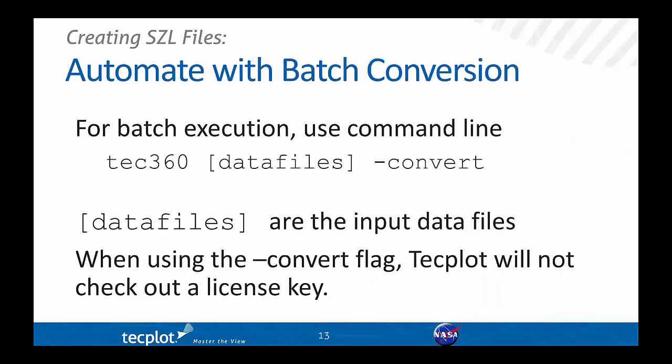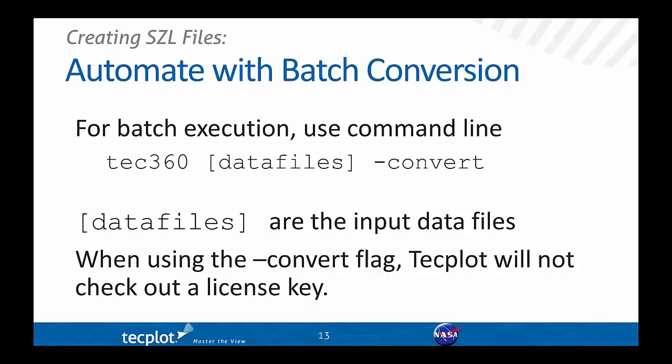That can be done in batch. For some types of data files, you can just say tec360, then the data file names, and -convert, and it will convert those data files into SZL. Some types you actually have to have a batch file, or a macro file, I should say. Some of the loaders are a little more complicated, but you can just record that and then automate it and still use the -convert.